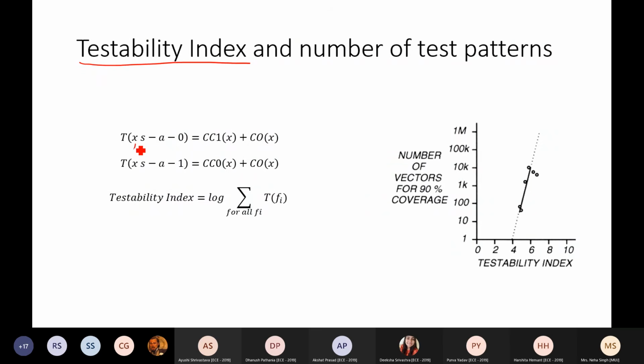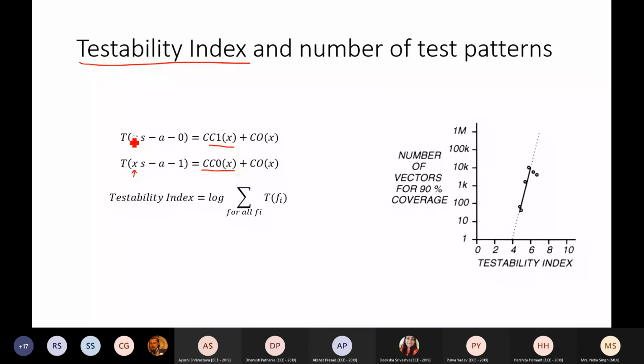Testability index at any wire X with a fault stuck at 0 will be given as, if the value is actually 1 and the fault is observable, so CC1 at X plus CO of X. Similarly, if the signal is stuck at 1, then the testability index will be given with the value CC0 at X, because actual value 0 होनी चाहिए since it is stuck at 1 as a fault. So CC0 of X plus the observability of X.